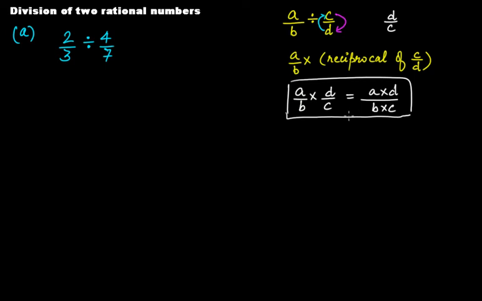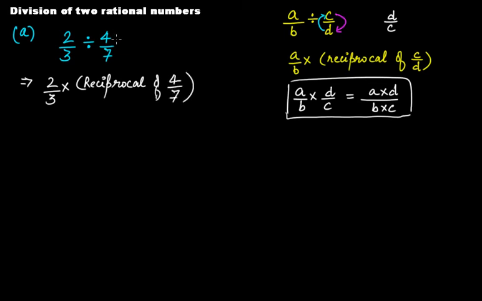I'll put the links to the video tutorials for addition, multiplication and subtraction of rational numbers in the description below. Now, same thing here. This becomes 2 over 3 times the reciprocal of 4 over 7.